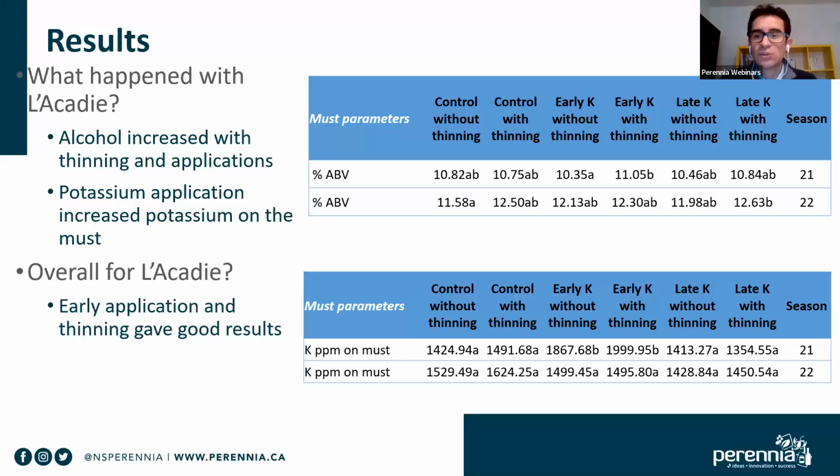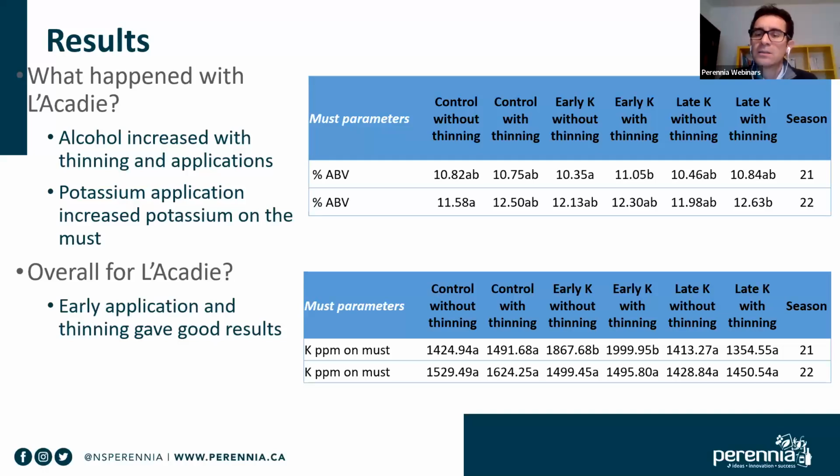In terms of potassium, the potassium increased in the must. You can see here parts per million in must in both controls and the treatments, and especially in 2021, in the early potassium with and without thinning, you can see how the levels increased more. But it didn't increase so much the following season, and the values were quite similar.